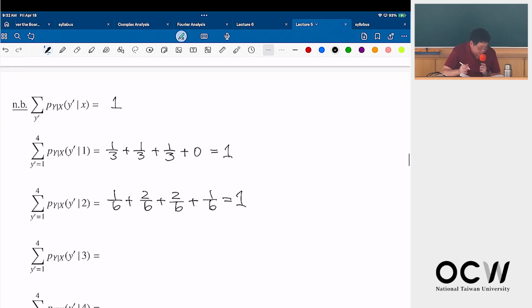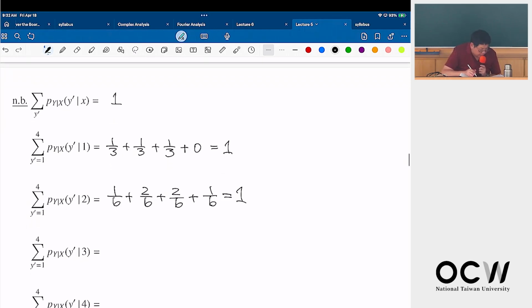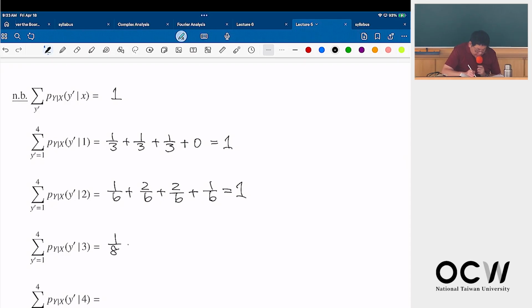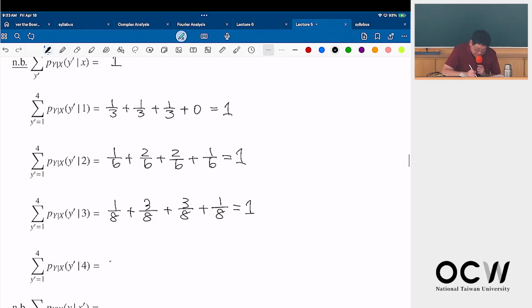So similarly, for x equals 3 and 4, we have 1/8 plus 3/8 plus 3/8 plus 1/8. That's 1. And the last one is the same: 0 plus 1/3 plus 1/3 plus 1/3. It is all 1. How about the other way around?